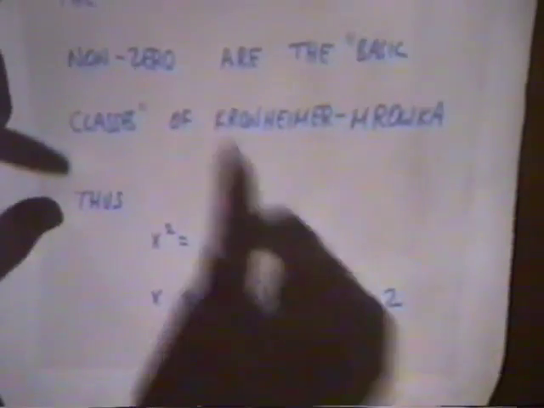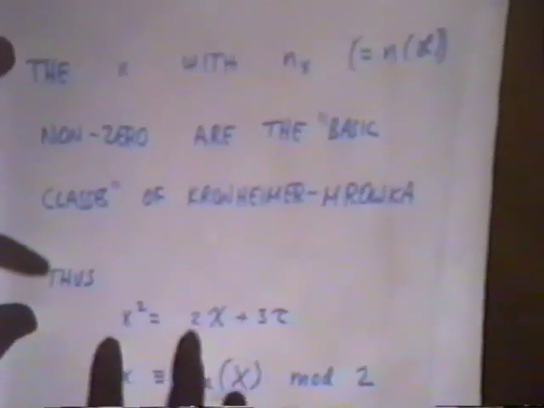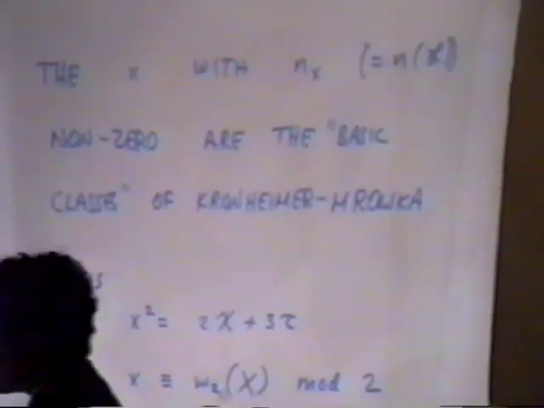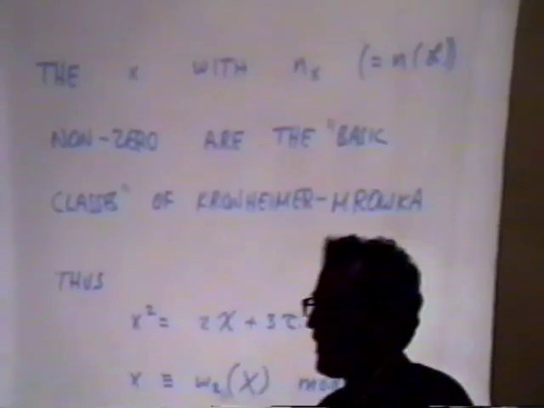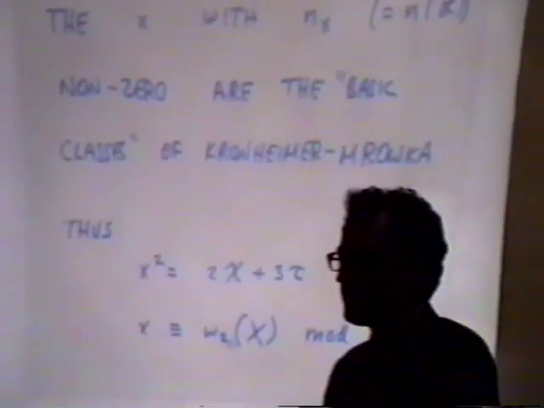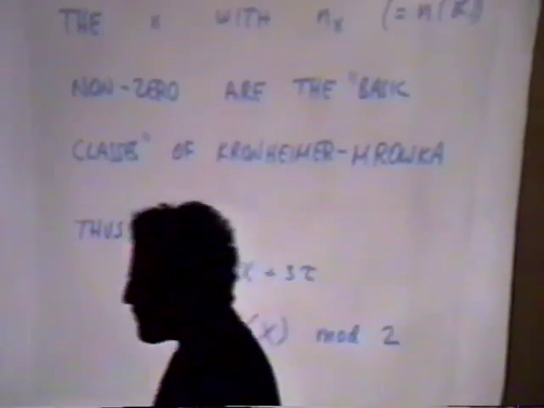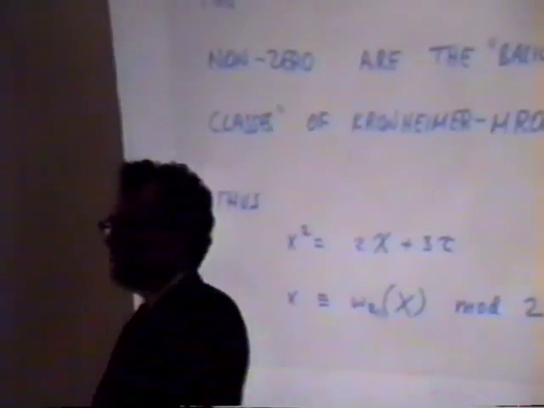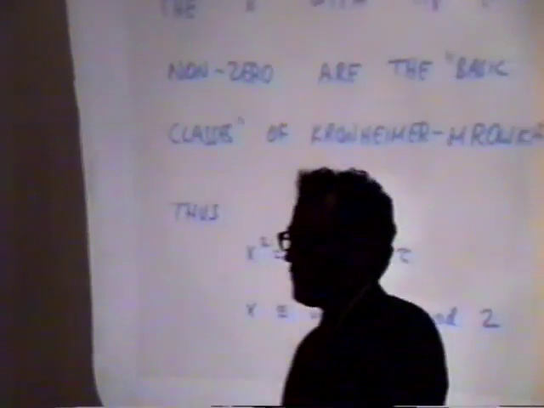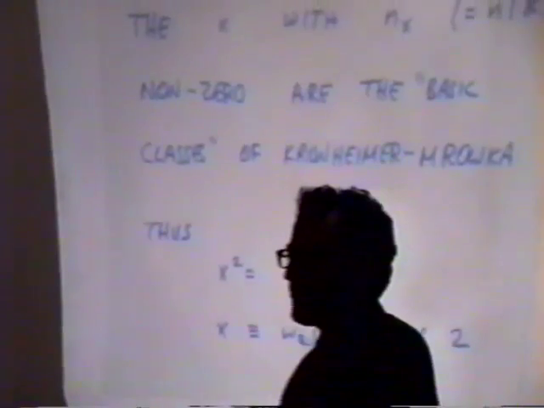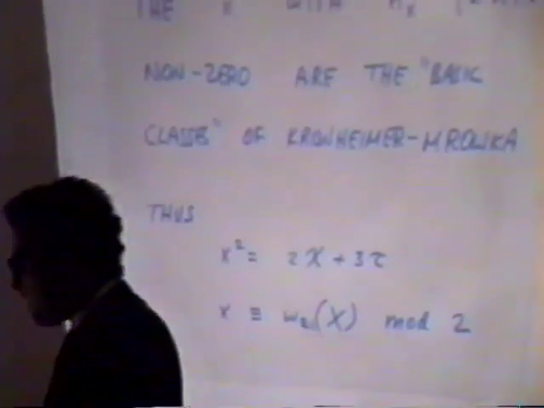So, we've defined certain x's that obey two properties: x squared is 2 chi plus 3 tau, and x is congruent to w2 mod 2. These properties may be familiar because if we happen to be on a Kähler manifold, then the canonical class of a Kähler manifold is a class that obeys these properties.